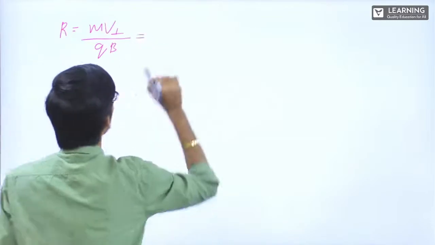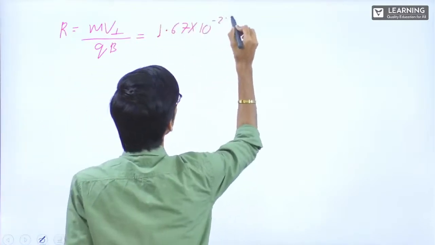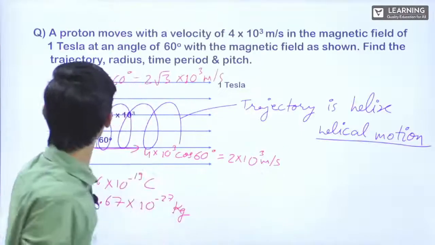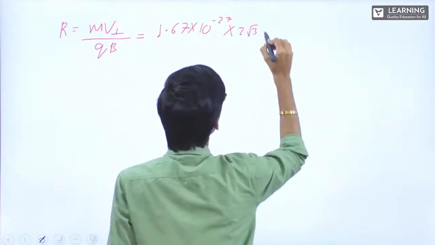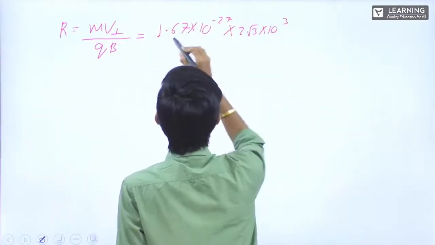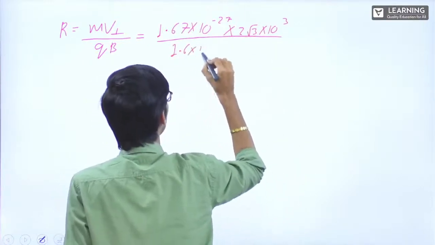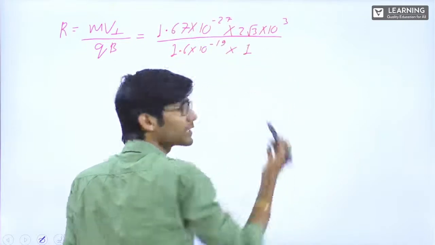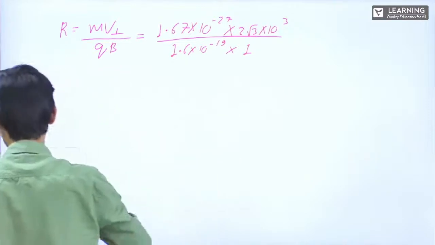That is equal to 1.67 into 10 power minus 27 into V perpendicular, which is 2 root 3 into 10 power 3, divided by 1.6 into 10 power minus 19 into 1 Tesla. Tesla is the SI unit, so we don't have to convert anything here.